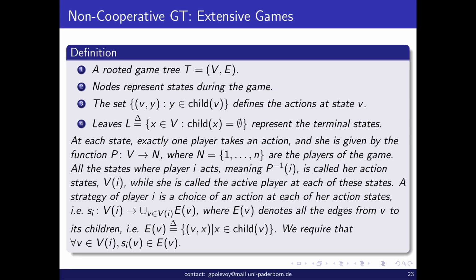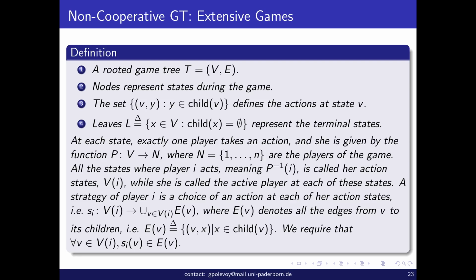Okay, so now let's go to the formal definition of an extensive game. An extensive game is a rooted tree. The root is required to denote where we begin. So every play goes from the root till it reaches a leaf, or it just goes on infinitely if the tree is infinite. And again, it's not typical for us here to have an infinite tree.